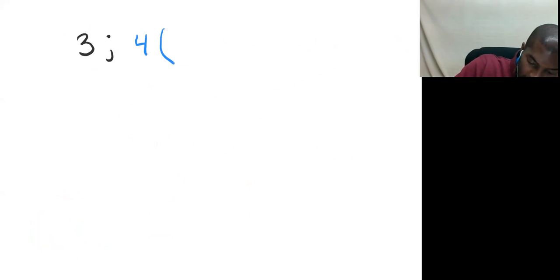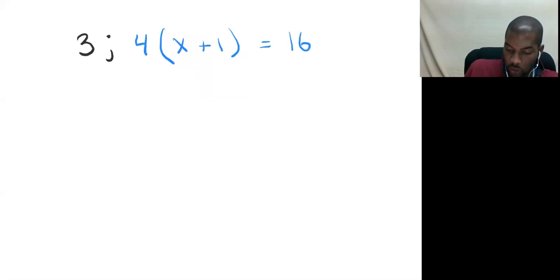Sometimes they'll write the question like this. Here's the number that we want you to test in front of the semicolon. We want you to test this number inside this equation: 4 times x plus 1 equals 16. That's the original equation.